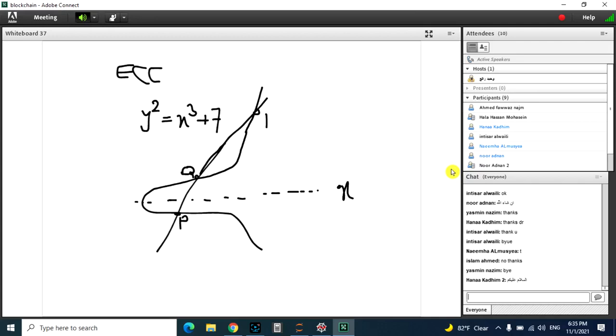In this example, you see a line that cuts the curve in 3 points.